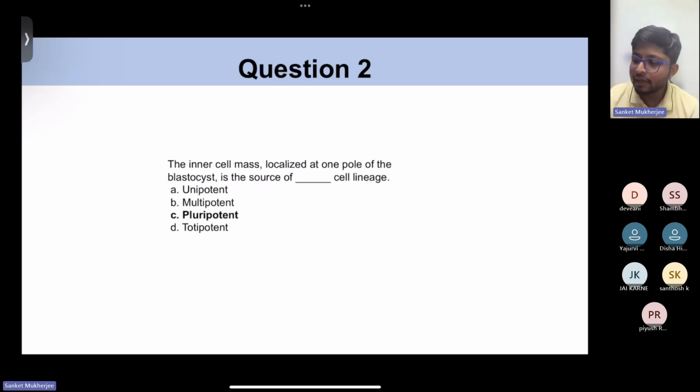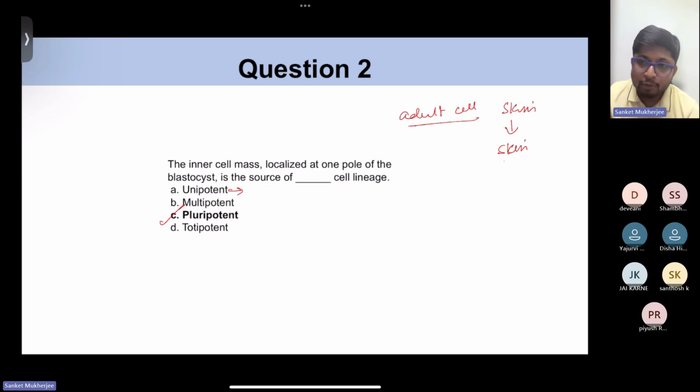You're absolutely right. Talking about the other forms of the cell types, a unipotent cell is like an adult cell which can only lead to cells of a particular lineage. It is basically a differentiated cell. For example, a skin cell can only divide to form another skin cell. That kind of a cell is a unipotent cell.